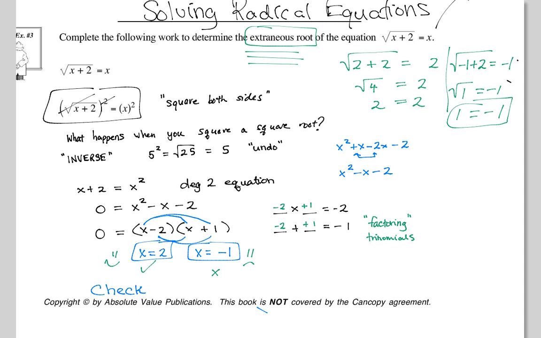You don't need it. So this word here, extraneous: when you do all this algebra and then you get an answer that doesn't work, that answer is extra. That answer is extraneous. This answer doesn't work.